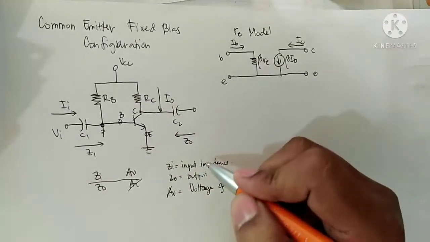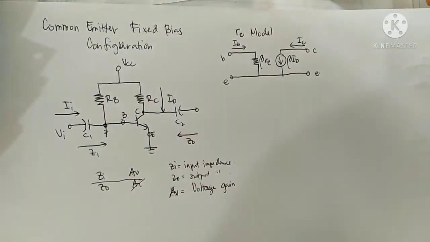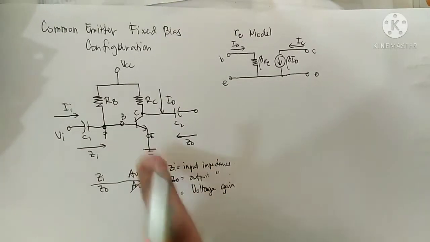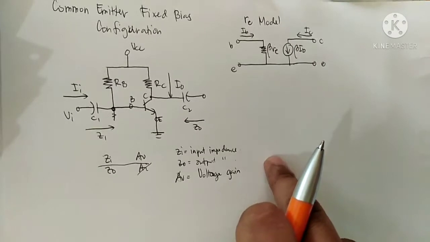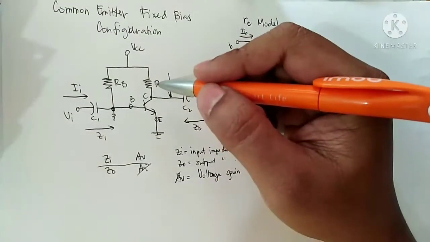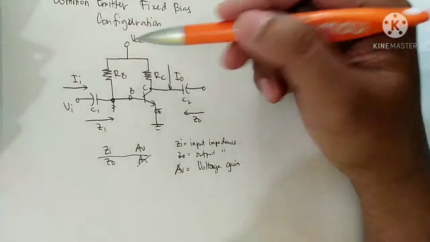In order to calculate these three parameters, we need to follow three steps to analyze the fixed bias configuration. The first step in AC analysis is to ground all DC sources.